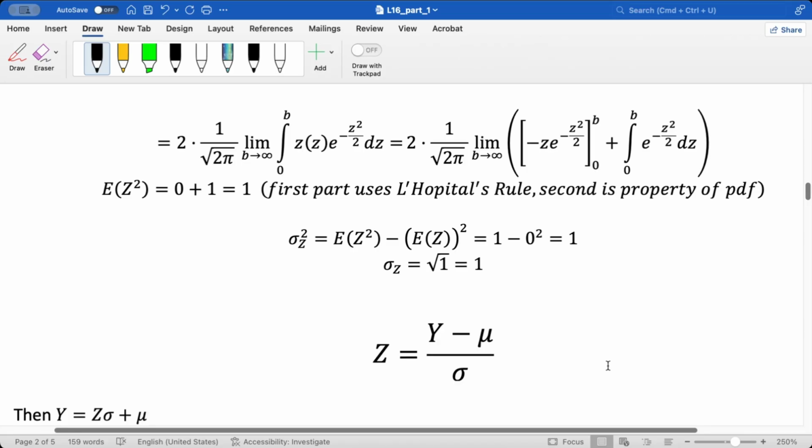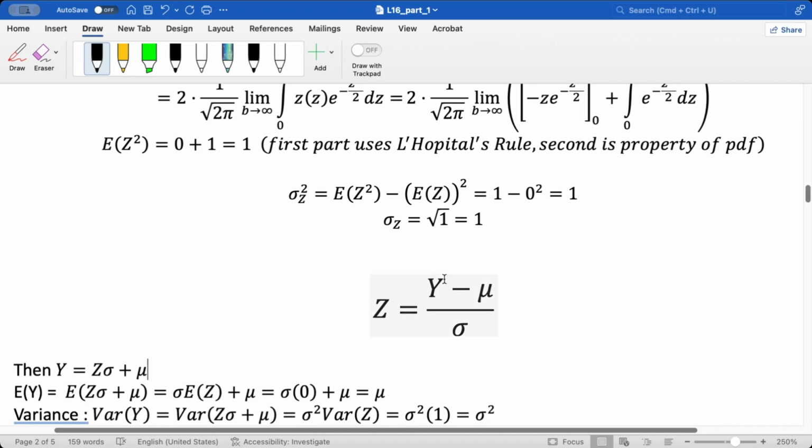All right, we made a substitution way back there. We use z equals x minus the mean over sigma. I'm using y here, but essentially it's the same idea. So we want to go backwards here. We want to go now from the special case of z where the mean was 0, standard deviation 1, backwards to the original format. And we can do some algebra here to solve for y.